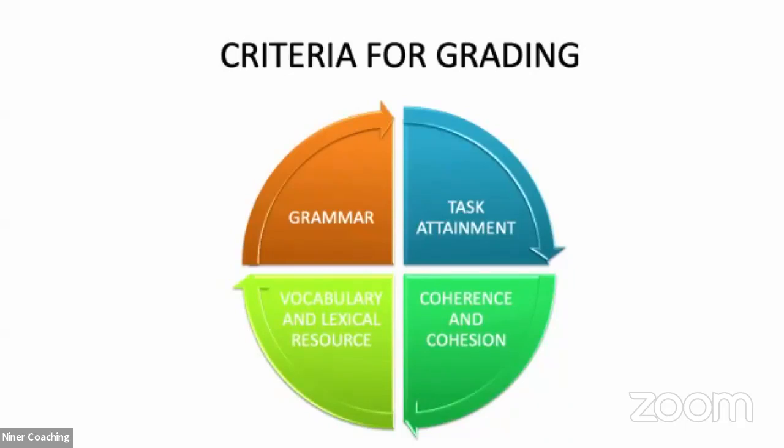Now, the other component of this particular criterion is cohesion. And cohesion is your flow, how your paragraphs and your sentences are linked to each other, how they seamlessly flow from one paragraph to another.